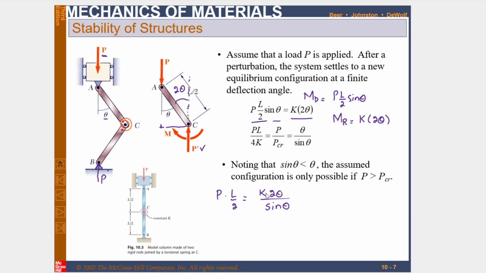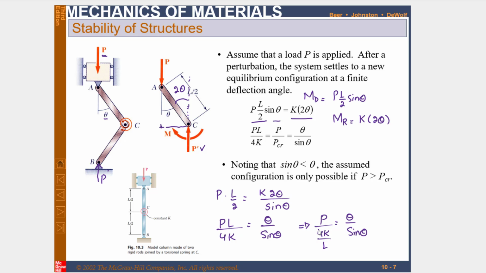If you divide both sides by 2K, that will be equal to P into L over 4K, which is equal to theta over sine theta. Further, if you divide L in numerator and denominator, you will get P over 4K over L is equal to theta over sine theta.